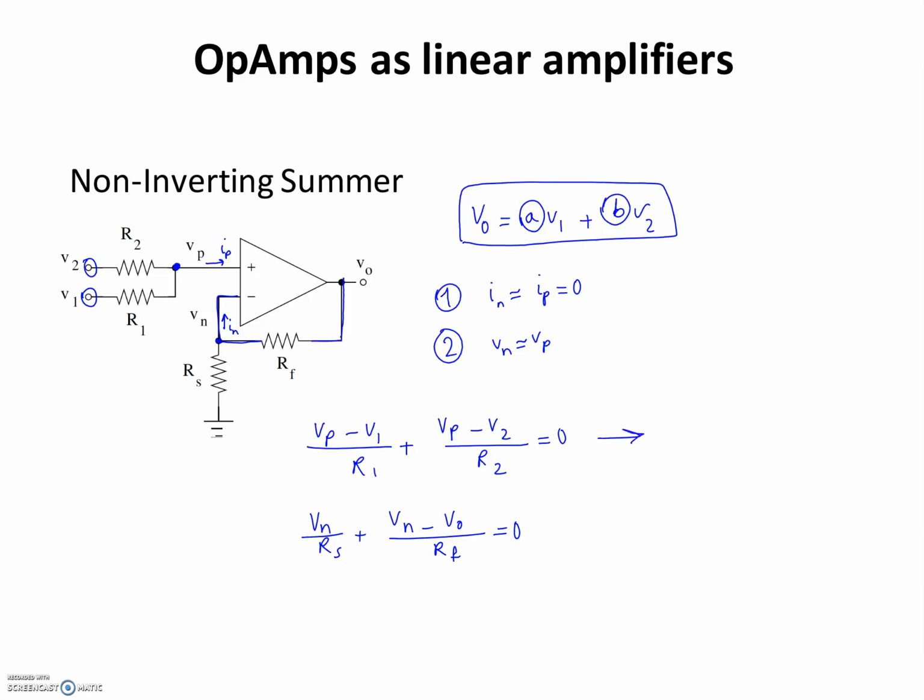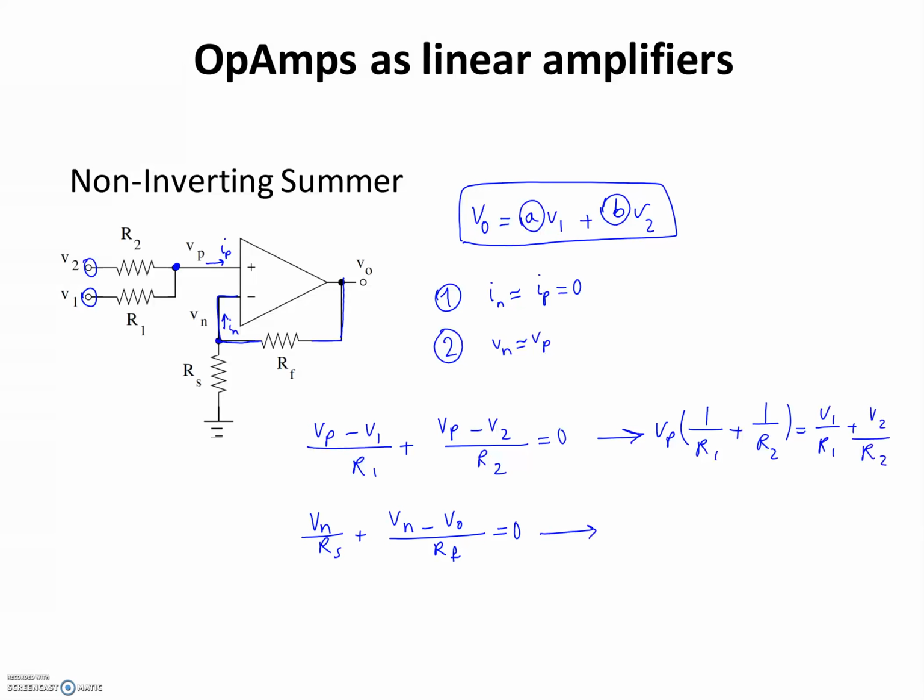From here, I have an equation that relates Vp to V1 and V2. If I factor out Vp from the left side, I'm going to end up with (1 over R1 plus 1 over R2) times Vp, which is equal to V1 over R1 plus V2 over R2.